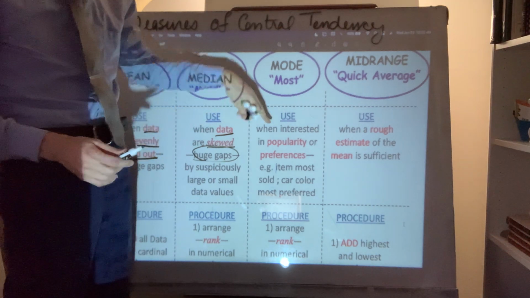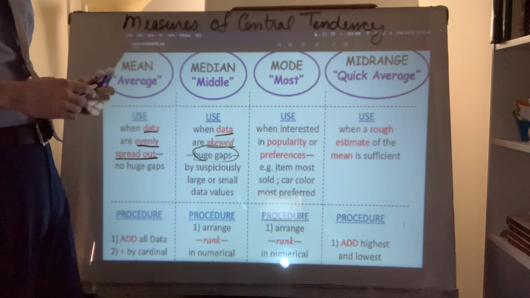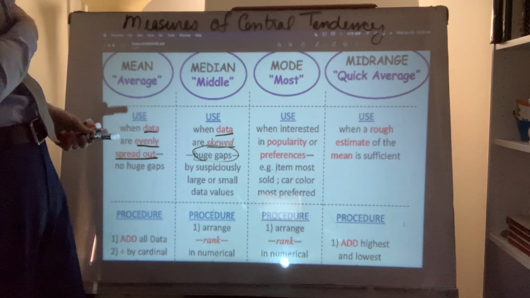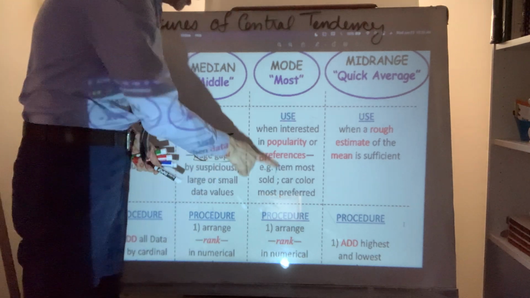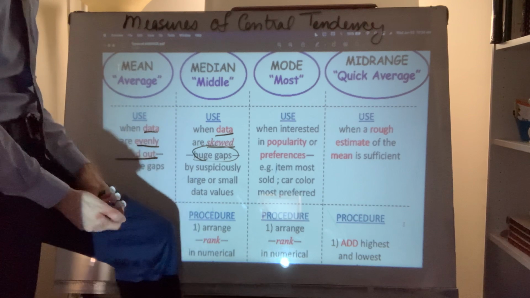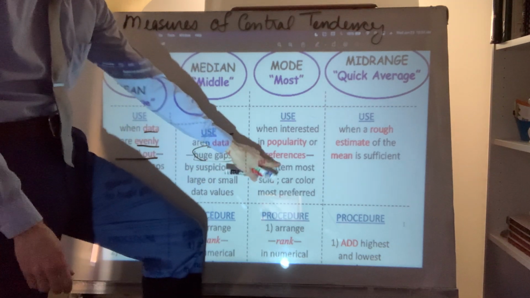All right. Mode. All right. Mode is when you're interested in, say, popularity or preference among, say, people who are surveyed. For example, the most sold car color. Whatever is most preferred amongst people, retail would be interested in something like this. Why?